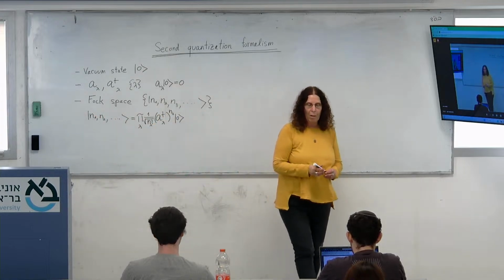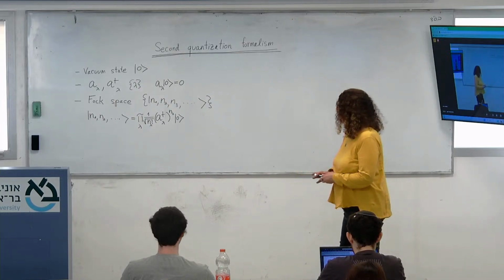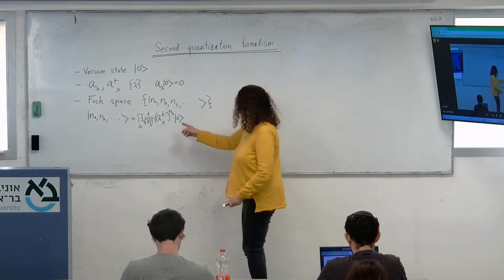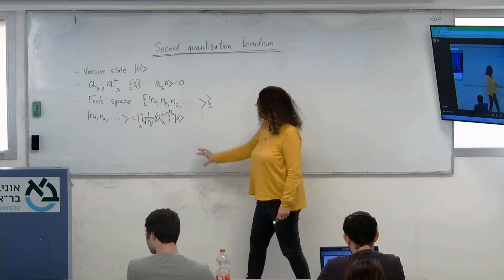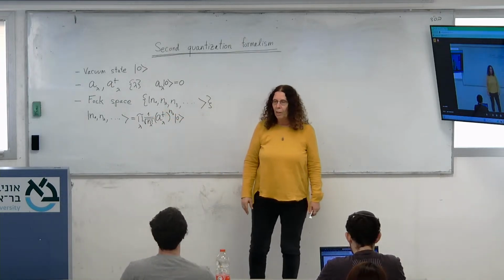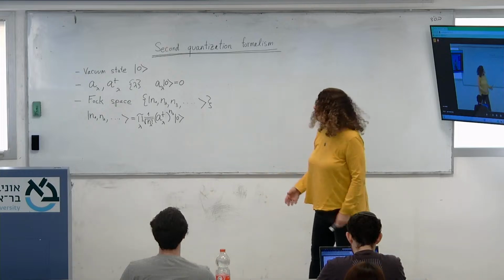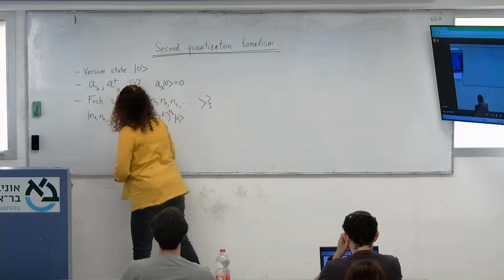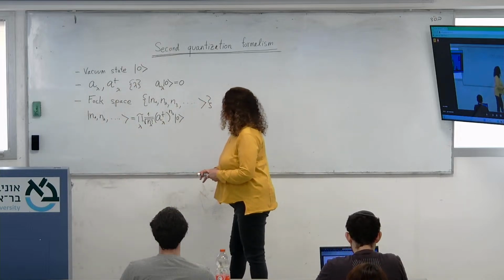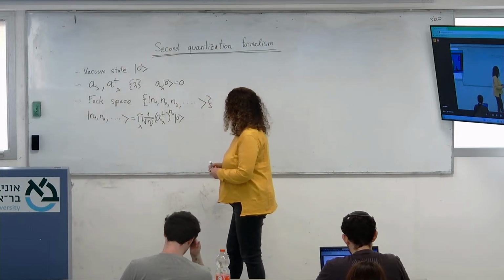So each state lambda is occupied by occupation N lambda, and this is an explicit way of how to write it by using the operators A lambda and A lambda dagger.